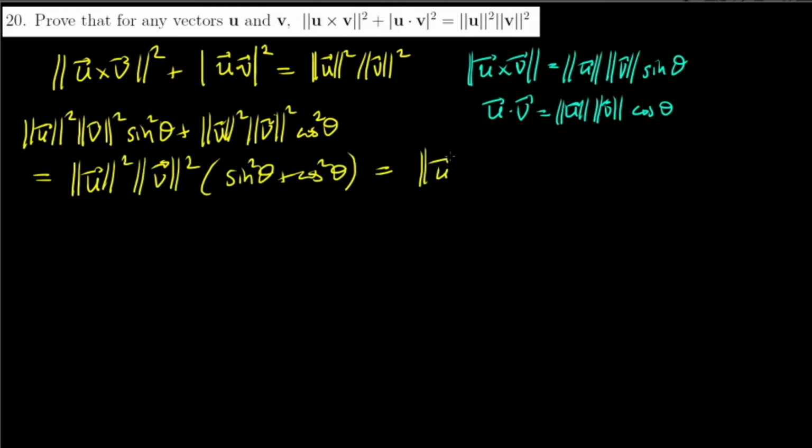So you get what's on the right side, the magnitude of u squared times the magnitude of v squared. So it's really just those two lines. I think that's a fairly reasonable one. At least now that you've seen it, you should be able to do that on the test at this point.